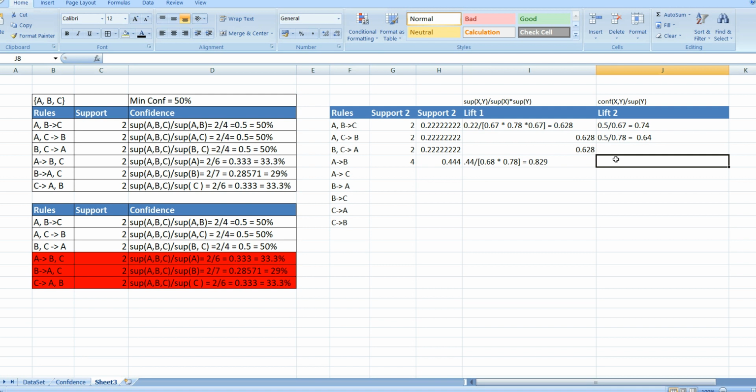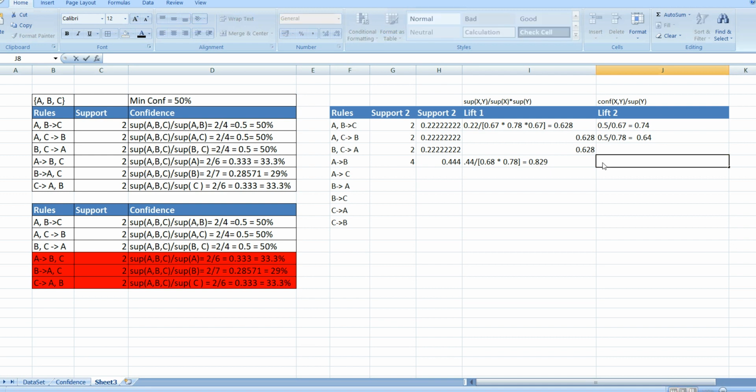Right. Let's do the calculation using the confidence where we have this value. The next thing we want to do is calculate the confidence of A and B. We know the formula for calculating the confidence of A and B is that we take the support divided by the antecedent.